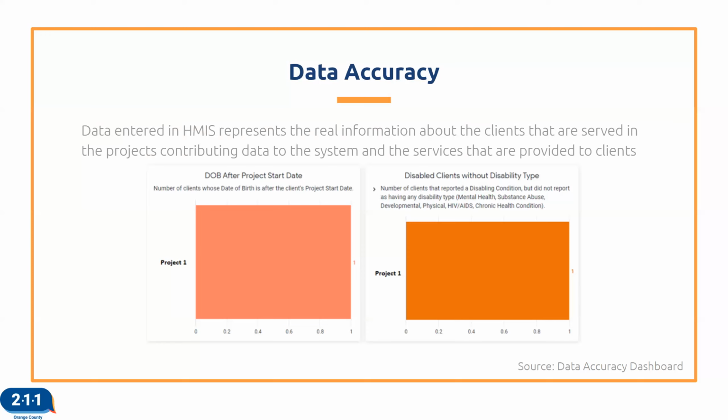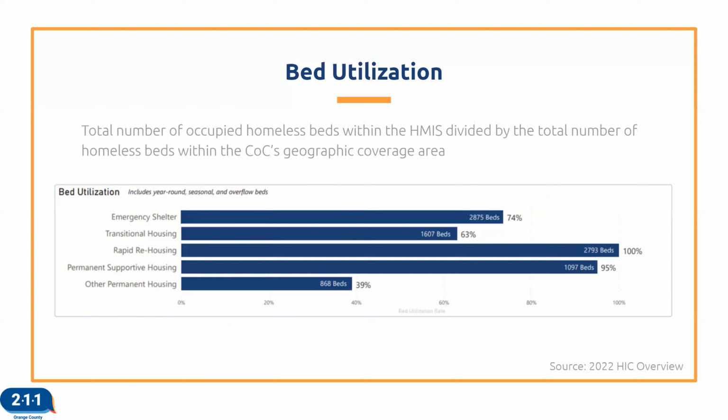Another question, can you explain bed utilization again? Yes, it's the percentage of beds and units that are occupied. It's the number of nights that clients were filling the beds at your project divided by the total possible nights that beds could be filled.